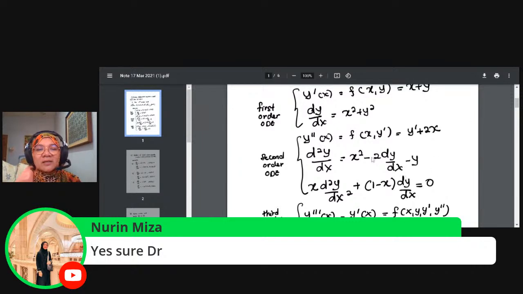All right, second order derivative, for example, del squared y over del x squared equal to x squared minus 2 dy over dx minus y. You can see here there is a combination of the second order derivative and the first order derivative. So we call this a second order ODE, or we can write it as x del squared y over del x squared plus 1 minus x dy over dx equal to 0.